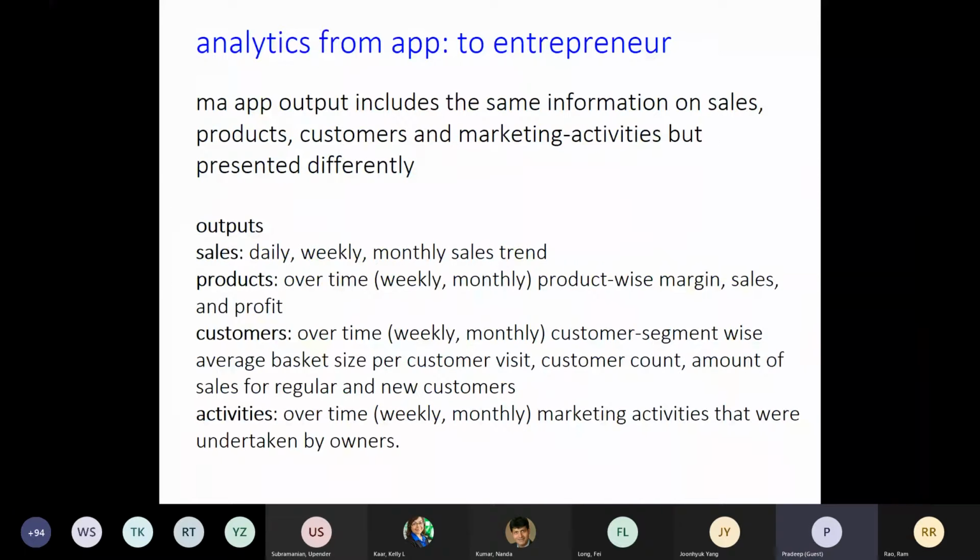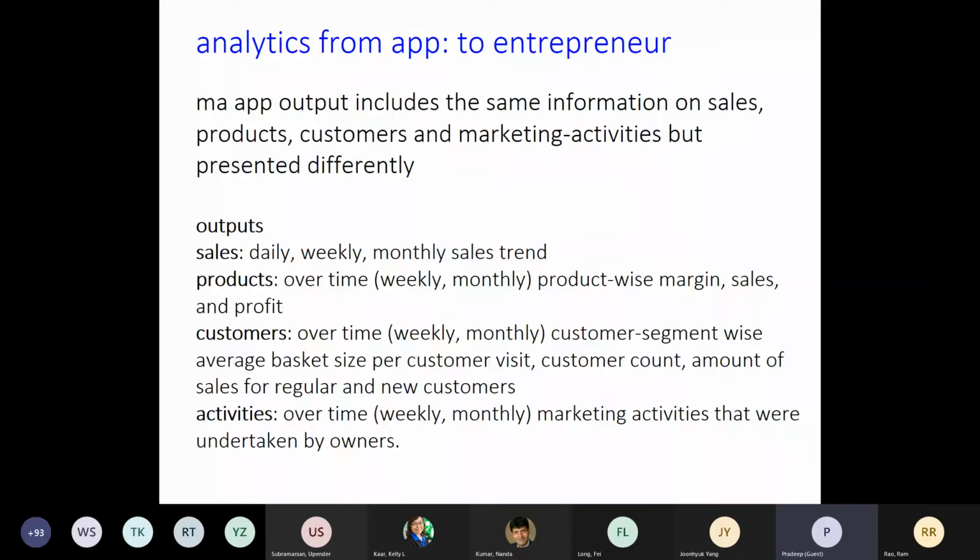Okay, now it's the output part. So what it does is it essentially takes in all this information and recasts that information in a way that might be useful for the entrepreneur. So, for example, in looking at the sales, while the entrepreneur puts in the daily sales, what the app then turns around and does is it creates weekly cumulatives, and then it shows monthly sales trends.